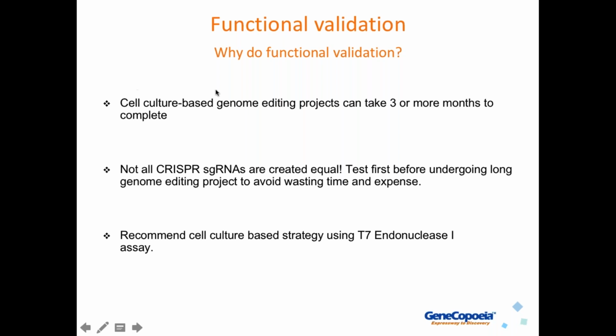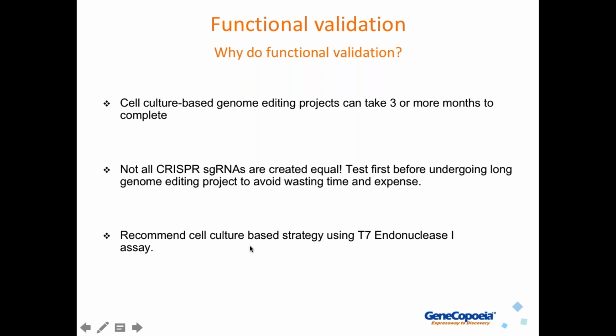We recommend doing this because cell culture-based genome editing projects can take 3 or more months to complete, but not all CRISPR single-guide RNAs are created equal. So we recommend testing these first before undergoing long genome editing projects, to avoid potentially wasting time and expense.